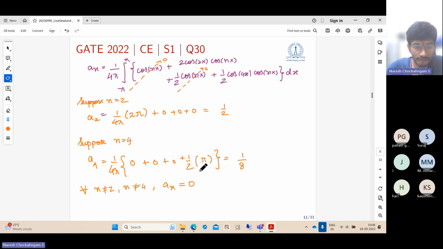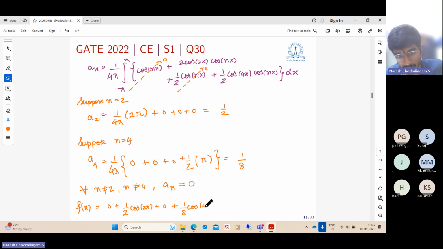Therefore, what is the series? F of x is equal to a0 is 0, a1 cos 1x, a1 is 0, a2 is half, plus a3 is 0, plus a4 is 1 by 8 cos 4x, plus a5 is 0, plus a6, and everything else is 0.